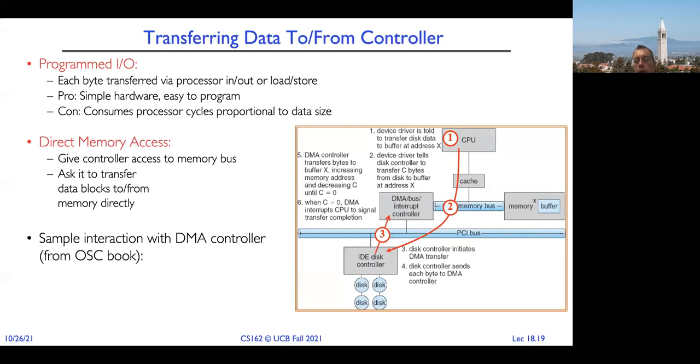Now, the controller is going to say, okay, I was instructed to transfer this data to memory, to this address X. And now the DMA is doing the rest. The DMA, not the CPU, is going to handle the transfer from the disk controller to the memory. So the DMA is going to read the data from the IDE and then drive the data on the bus to the memory.